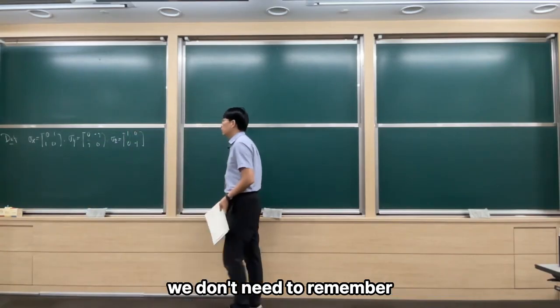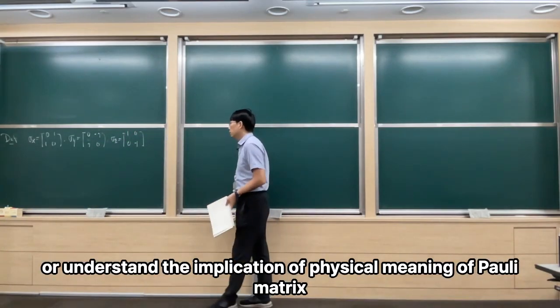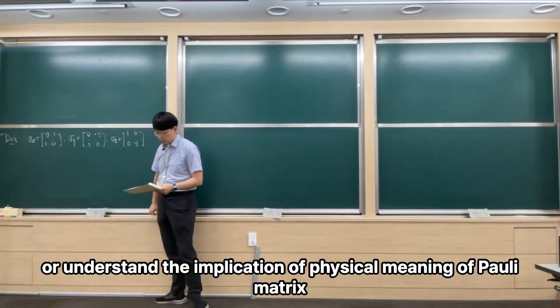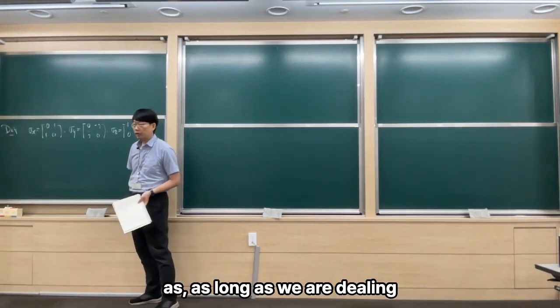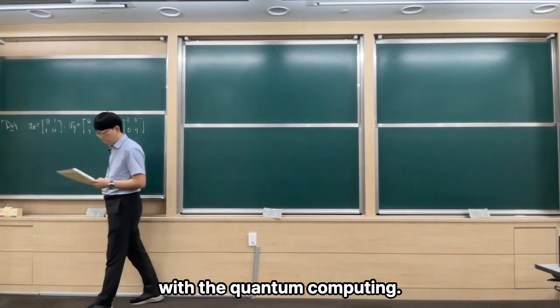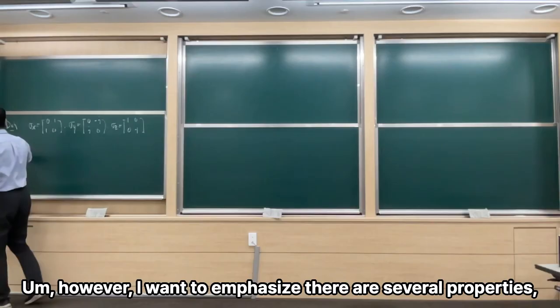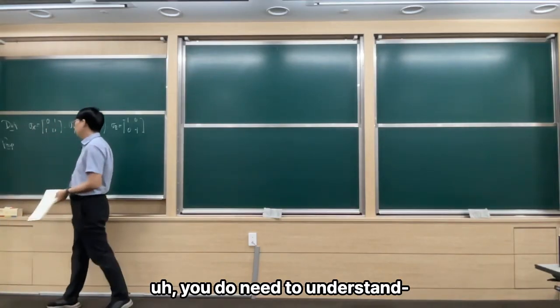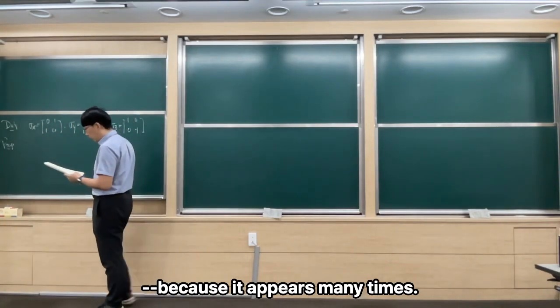We don't need to remember or understand the implication of the physical meaning of Pauli matrices as long as we're dealing with quantum computing. However, I want to emphasize there are several properties you do need to understand because they appear many times.